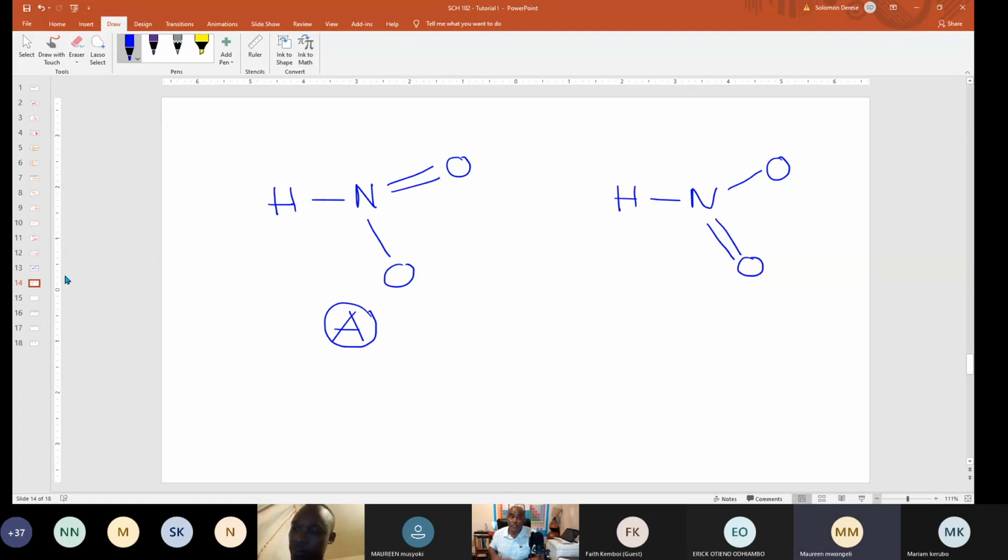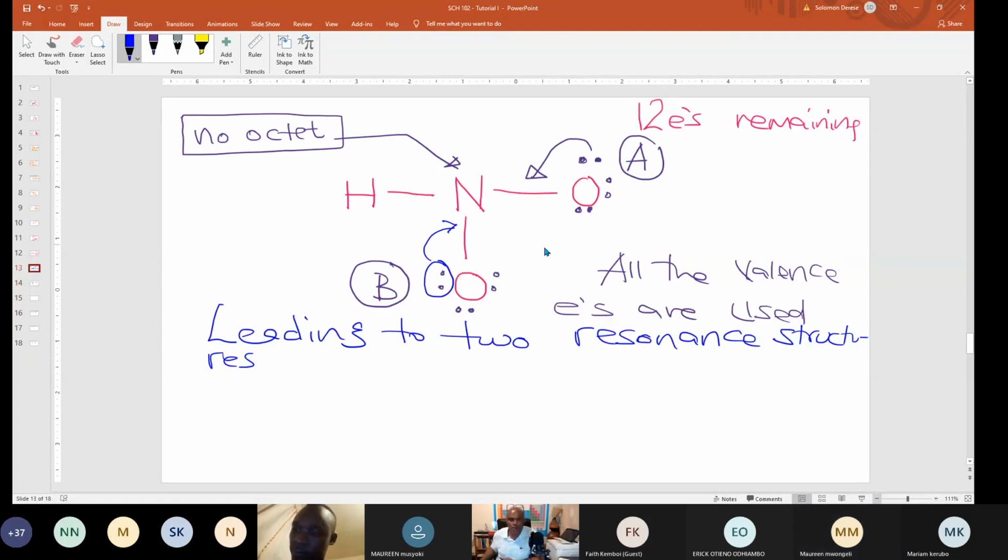And then what I want you to see also, on both oxygens, we had 6 non-bonding electrons, okay? So if you use 2 of them to form a double bond, you will be left with 2 pairs, okay?